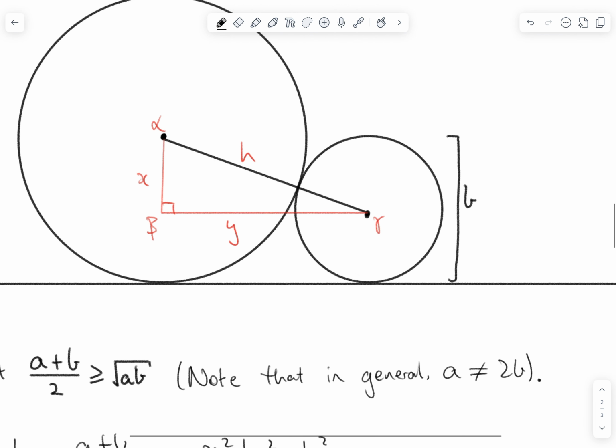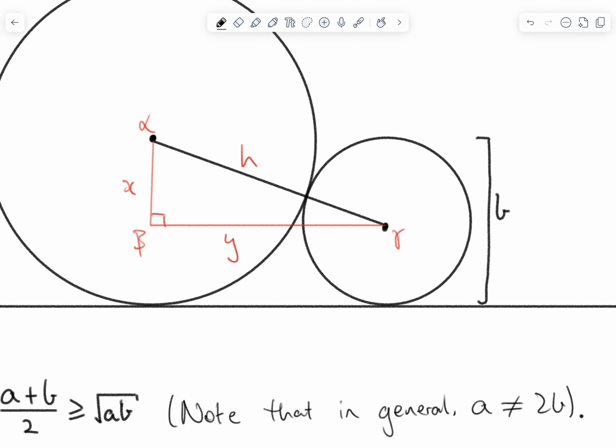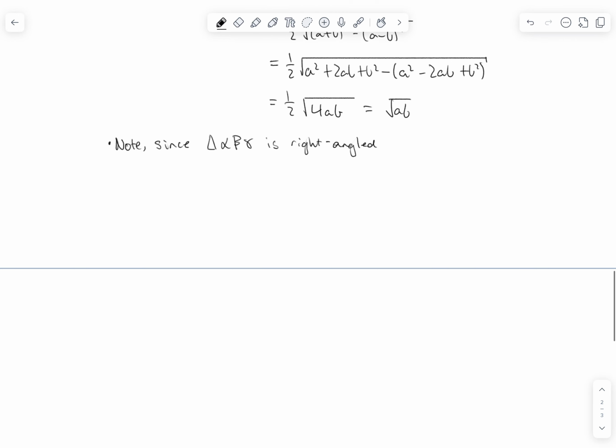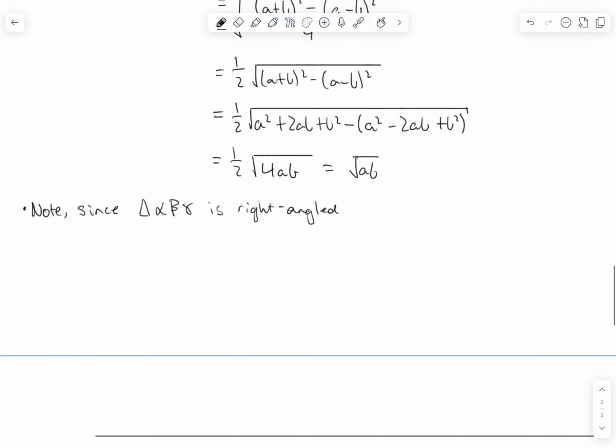And because it's right angled, the hypotenuse is greater than or equal to either of x or y. So since it's right angled, we say that the hypotenuse length is greater than or equal to y.